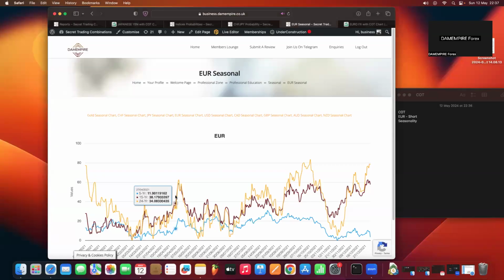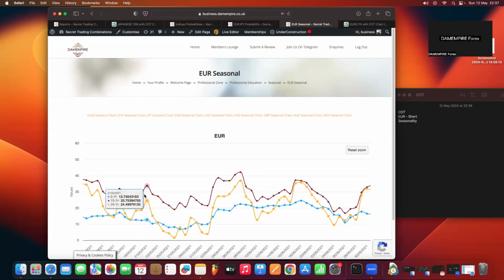So we look at the seasonality of the euro. It's looking good. Let's zoom in a little bit. Okay, but the 5 years doesn't look good.